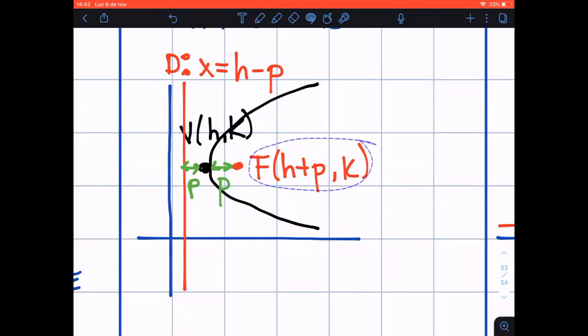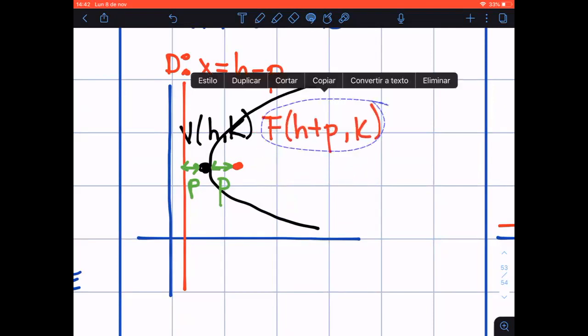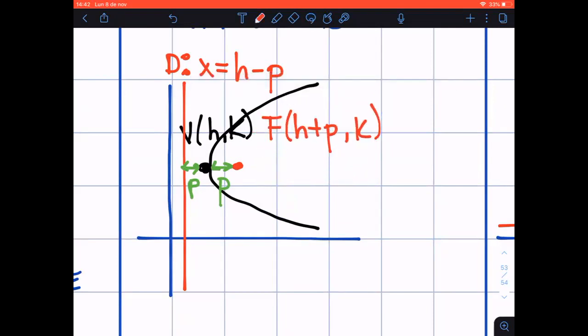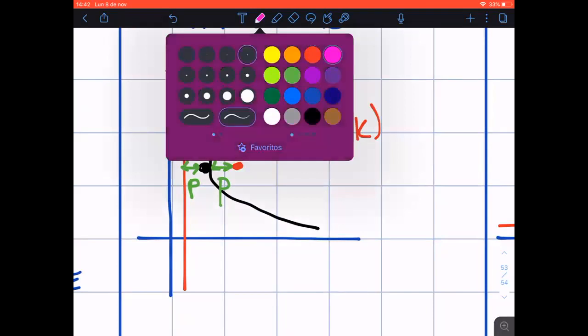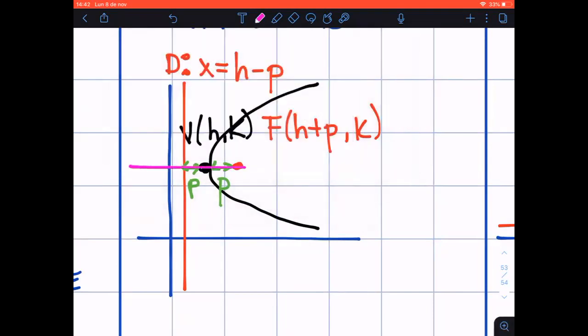Sorry for this, let me move these letters up. And if you want to get the equation of the axis of symmetry, well, the axis of symmetry is a horizontal line that crosses the y-axis and will be equal to k.